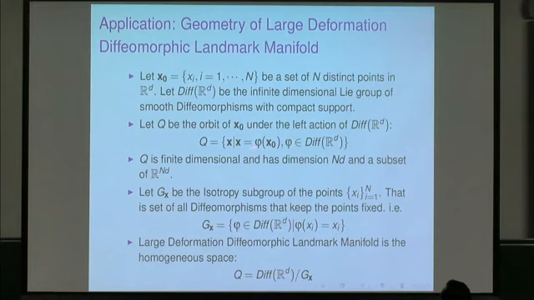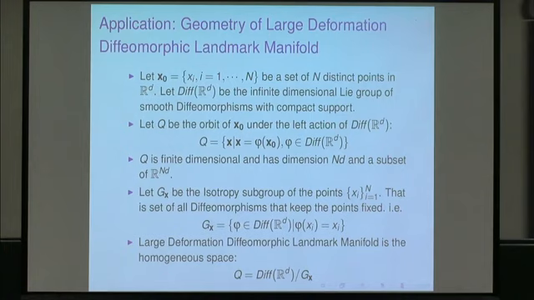Now Q has dimension n times d, where n is the number of distinct landmark points. And the isotropy subgroup of the n points is the set of all diffeomorphisms that keep those points fixed. Then the definition of the large deformation diffeomorphic landmark manifold is exactly the homogeneous space, the left cosets of Diff(R^d) mod this isotropy subgroup.